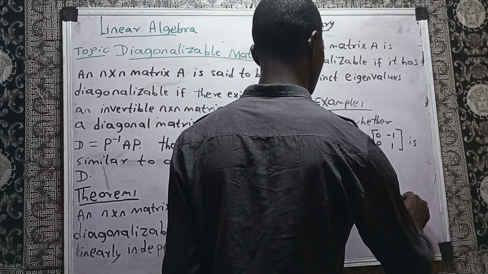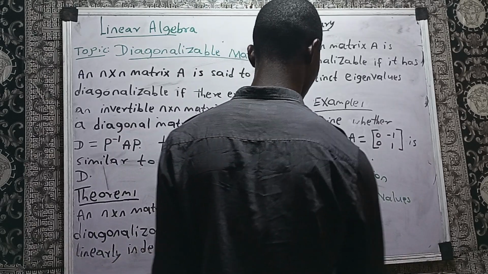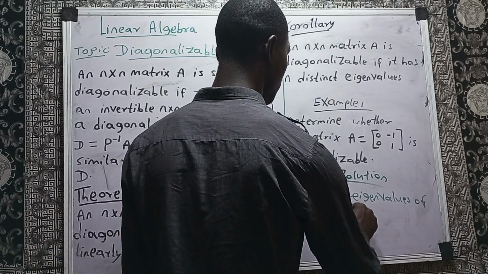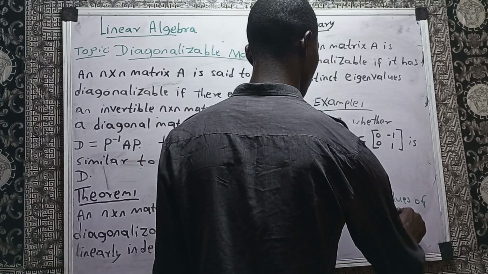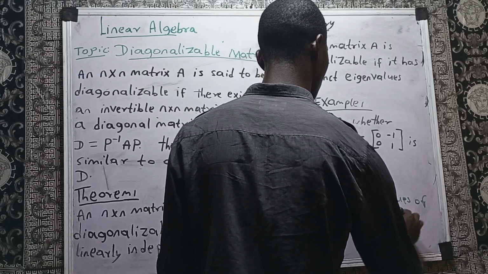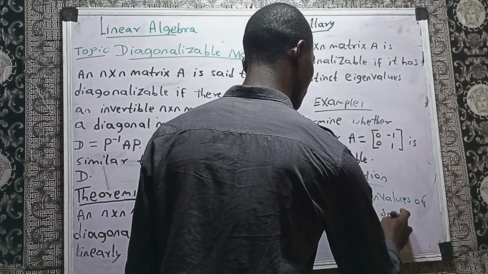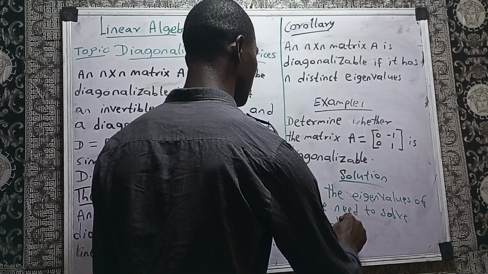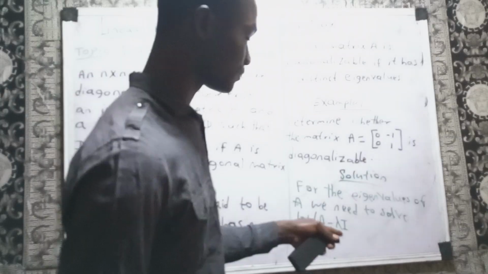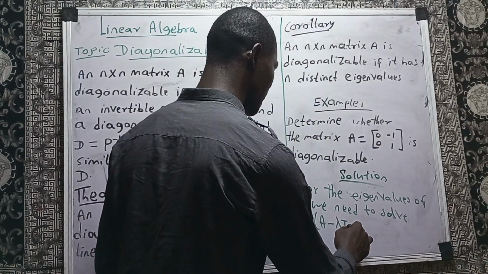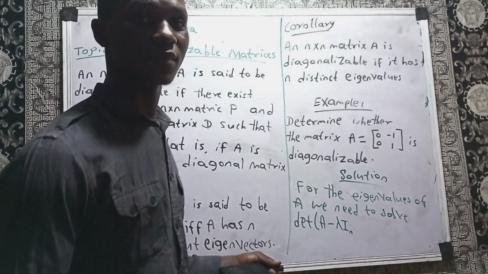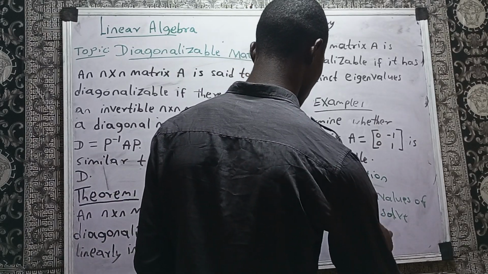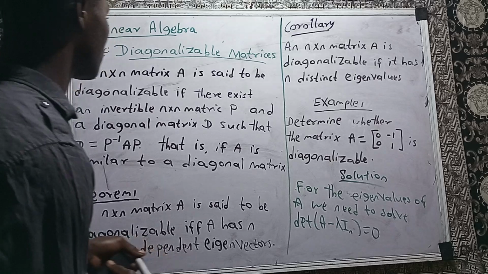So for us to get the eigenvalues of A, we need to solve this simple equation: determinant of A minus lambda I, where this I is I sub n, because it is an n by n identity matrix, equal to 0.